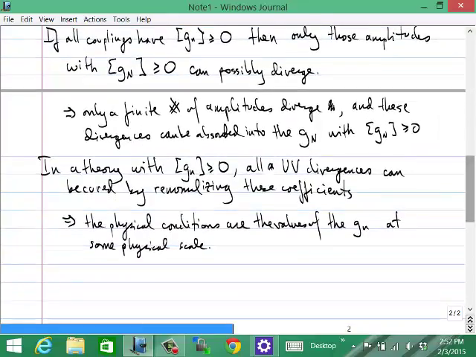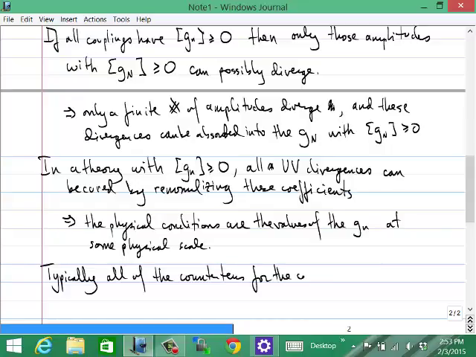And typically what will happen is that if you have a theory where you have one of these couplings turned on with positive mass dimension, all of the counterterms for the couplings with positive mass dimension will need to be included.